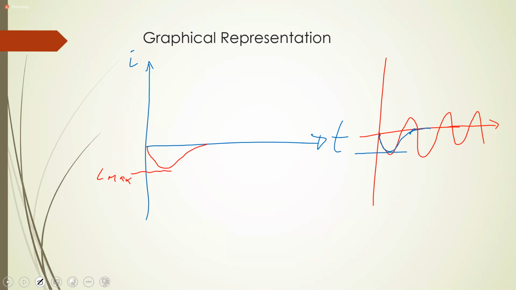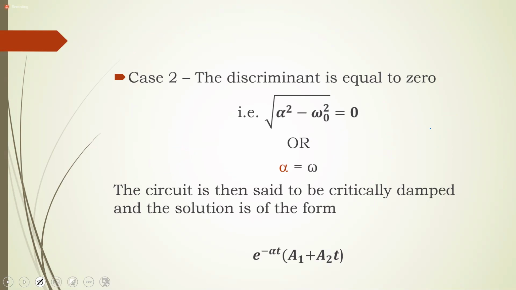The next possibility is that the discriminant is equal to zero. And if the discriminant is equal to zero, this is true if and only if alpha is equal to omega.